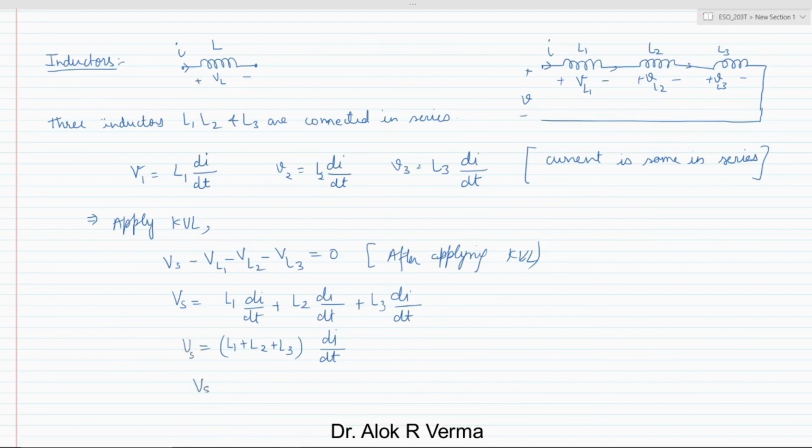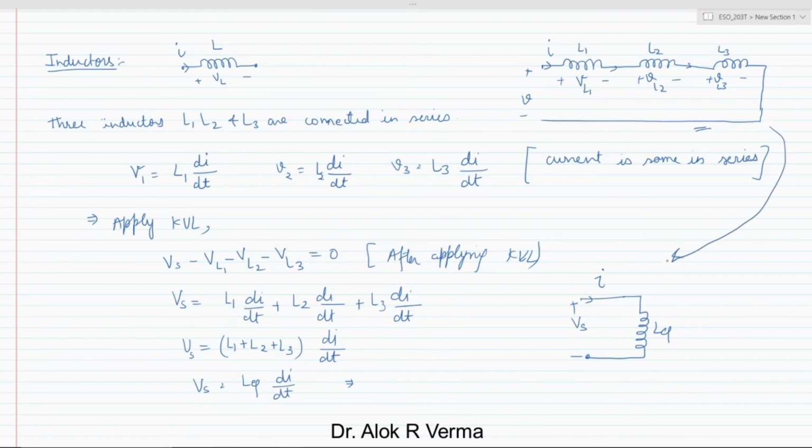So if we write it as Vs equals L equivalent di by dt, the circuit that represents this is nothing but a voltage source and the current I going through a single inductor. And the value of that inductor is nothing but L equivalent. So this circuit is now represented by this equivalent circuit.